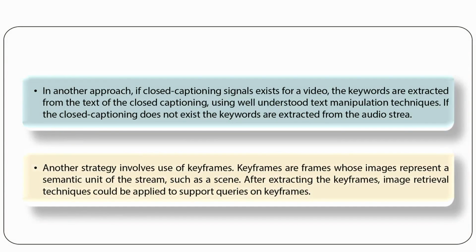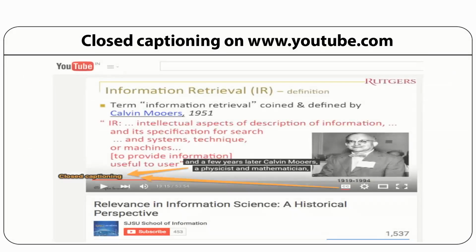Keyframes are frames whose images represent a semantic unit of the stream, such as a scene. After extracting the keyframes, image retrieval techniques could be applied to support queries on keyframes. This is the screenshot which is showing the closed captioning available on almost all the videos on www.youtube.com.